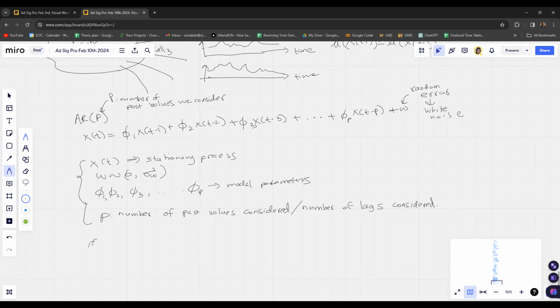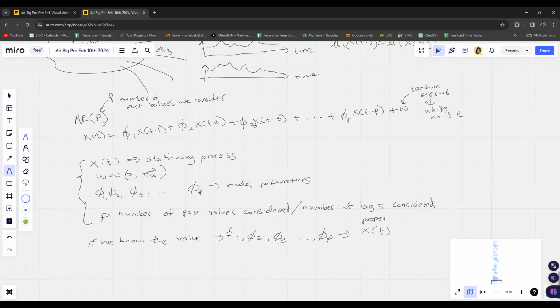If we know the values of phi 1, phi 2, phi 3, likewise, then we can deduce the properties of xt.